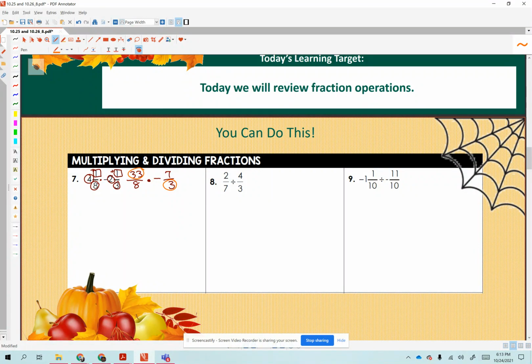And if they have a common factor, then we go ahead and divide by that common factor. And this helps us to make our numbers smaller and enables us to multiply a little more easily. So I see that 33 and 3 are both multiples of 3. So 33 divided by 3 is 11, and 3 divided by 3 is 1.